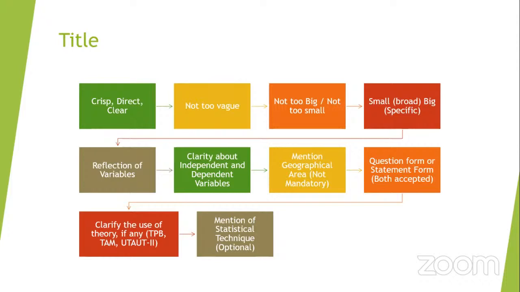But my experience has been entirely different. I have published around 15 Scopus papers in different journals, and in many papers I have given the statistical technique in the title itself.